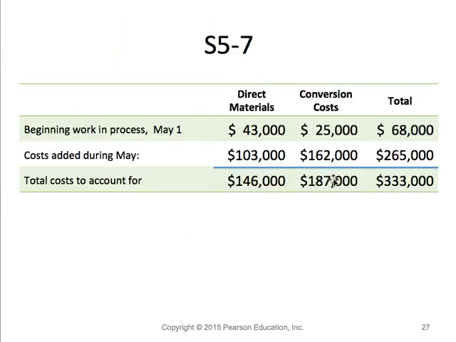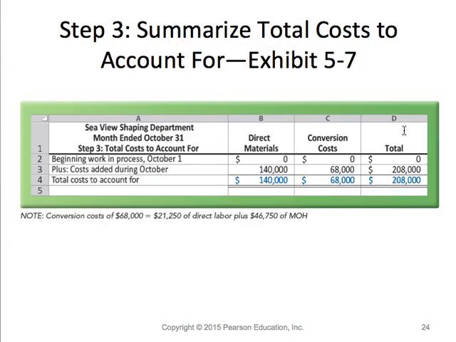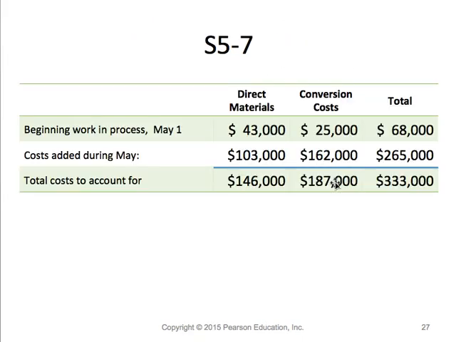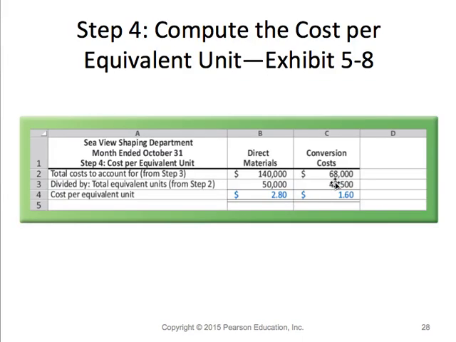The other one is 68,000. It's here. $68,000 total of conversion cost divided by the total number. So what is the total number? Is it 50,000? Actually, it's not.